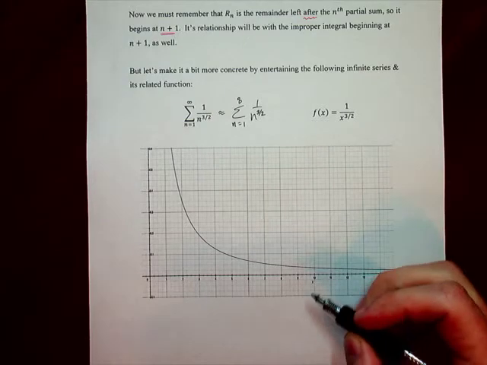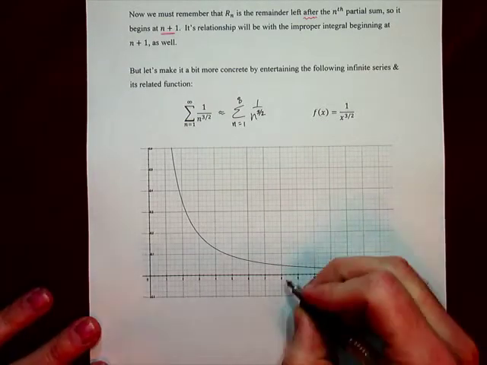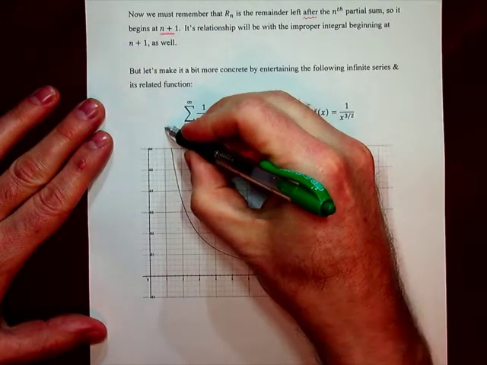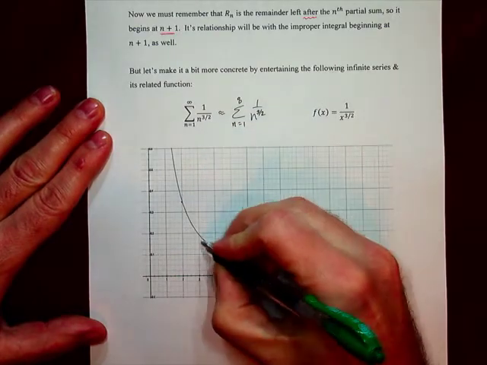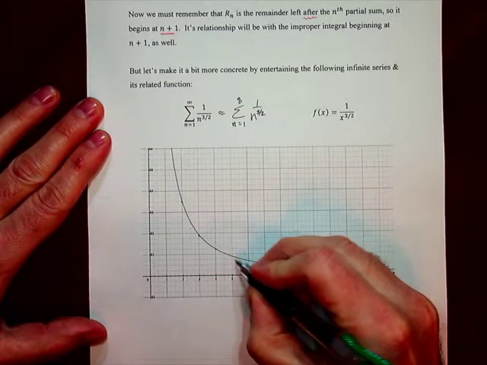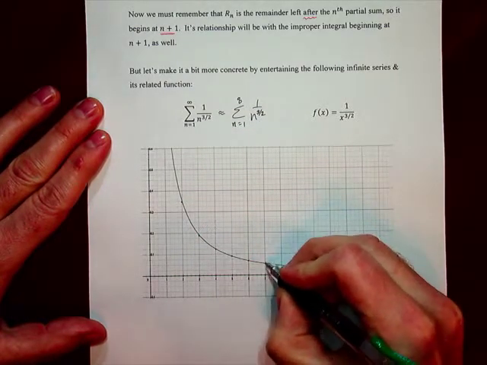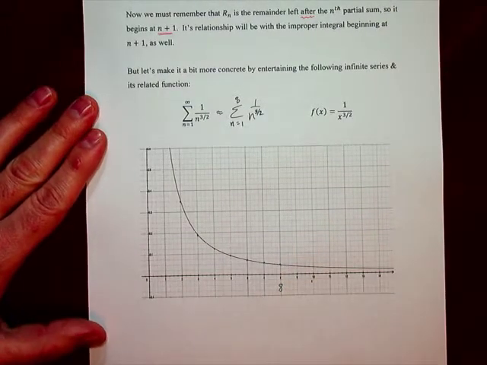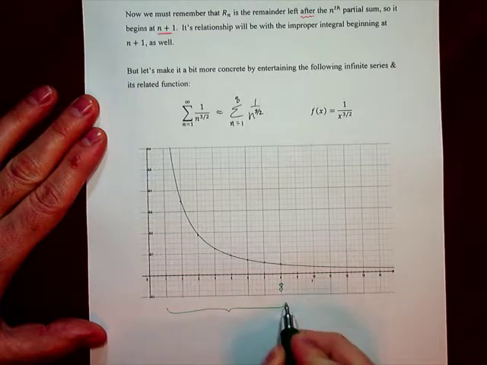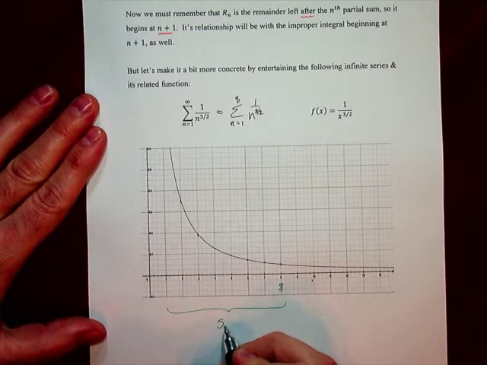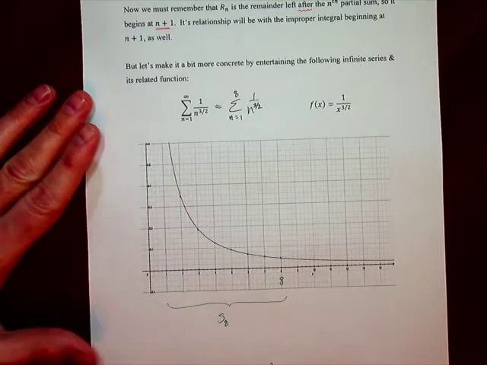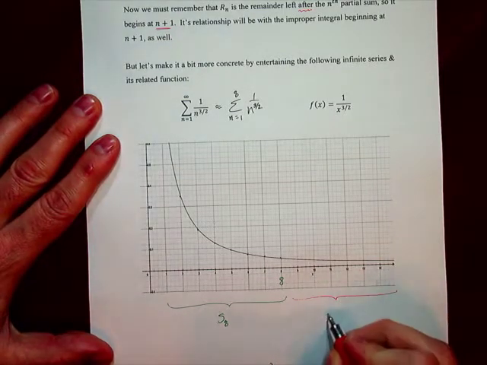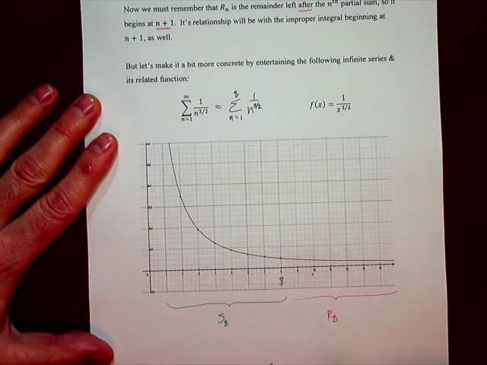Now remember that if it's S sub 8, then the first 8 terms are the one that's up here, plus this number, plus this number, and so on, because this right here is 8. So this portion over here are the values added together that make S sub 8. The values out here are going to be what makes R sub 8, the remainder.